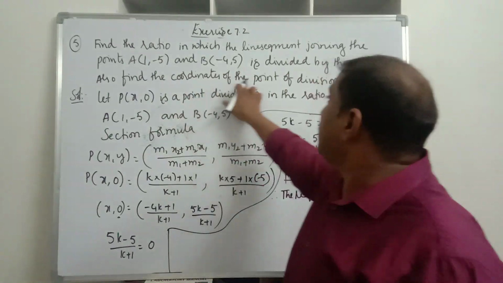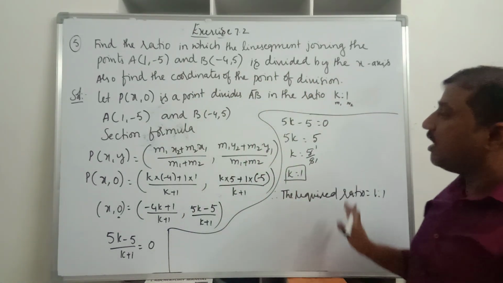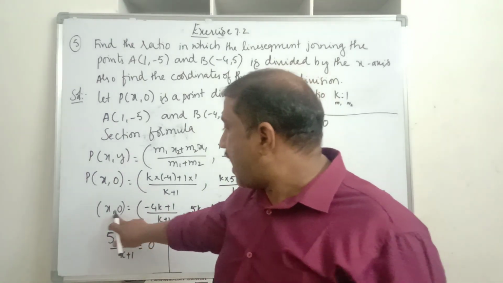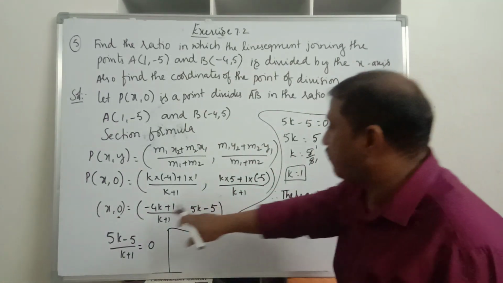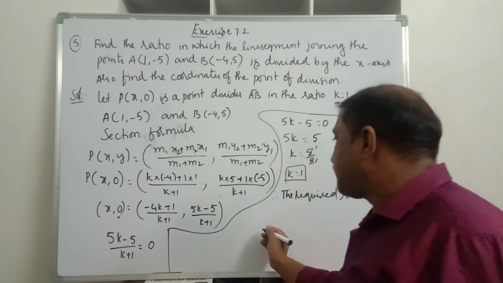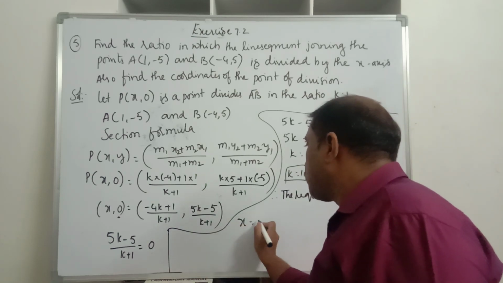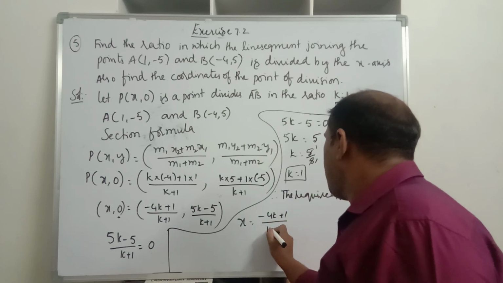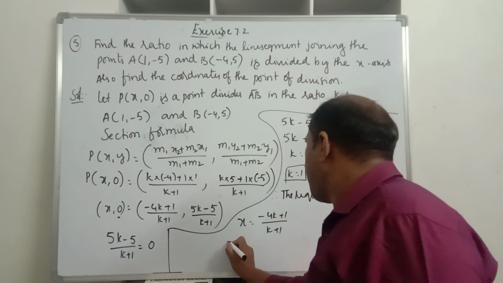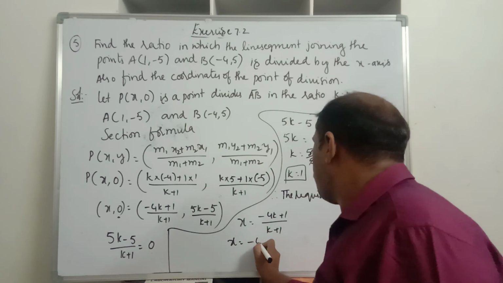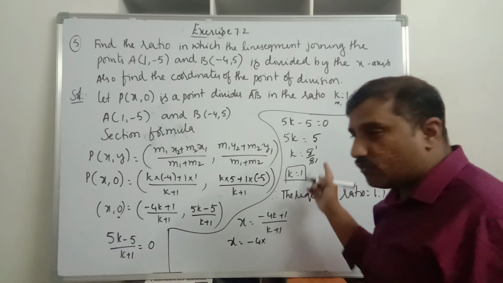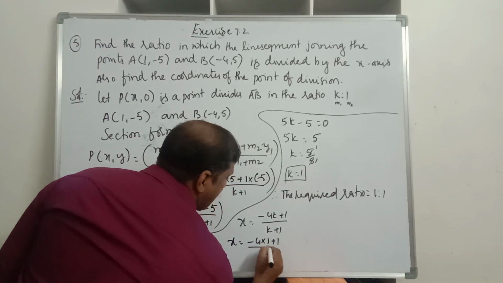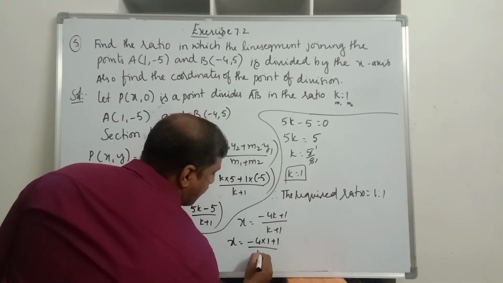Then also find the coordinates of the point of division. Which is the point of division here? x comma 0. Y coordinate we know and x coordinate we don't know. So from this you take the x coordinate, that is x is equals to minus 4k plus 1 divided by k plus 1. That is x is equals to minus 4 into k, k is equals to what we got? It is 1. That is minus 4 into 1 plus 1 divided by k plus 1, means it is 1 plus 1.